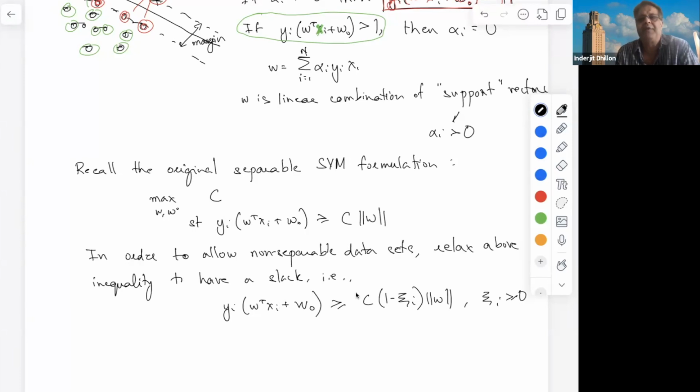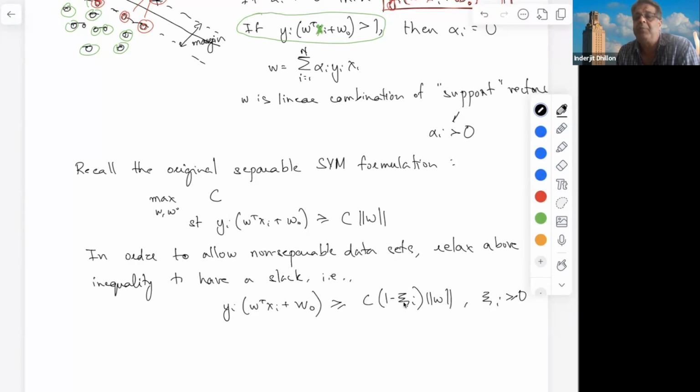Okay, and you can see that psi I is greater than or equal to 0, right? So suppose that it is 0, then you get back the original problem. Now suppose you start increasing it, suppose you make it 1, that just means that it is correctly classified.